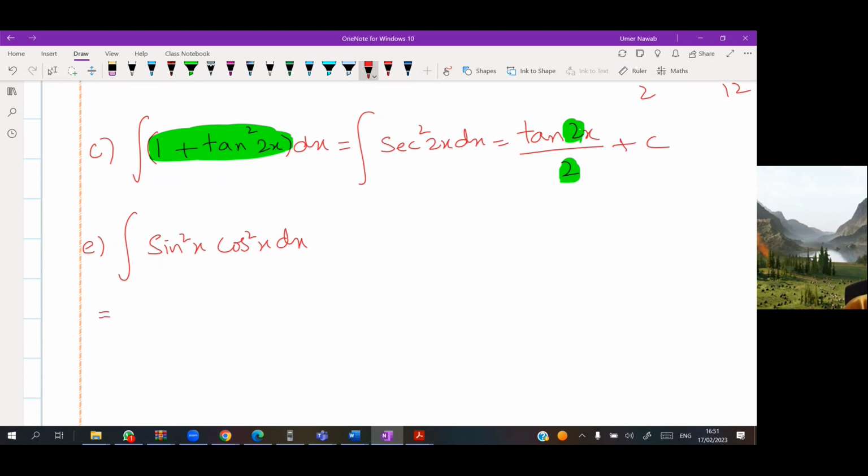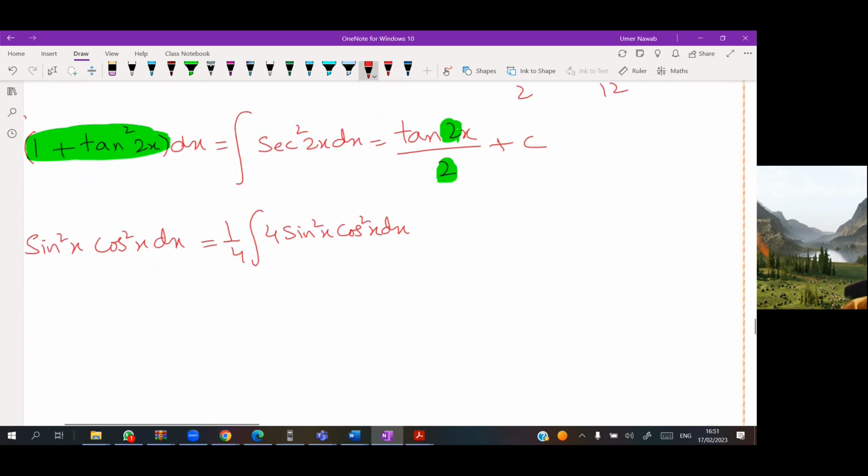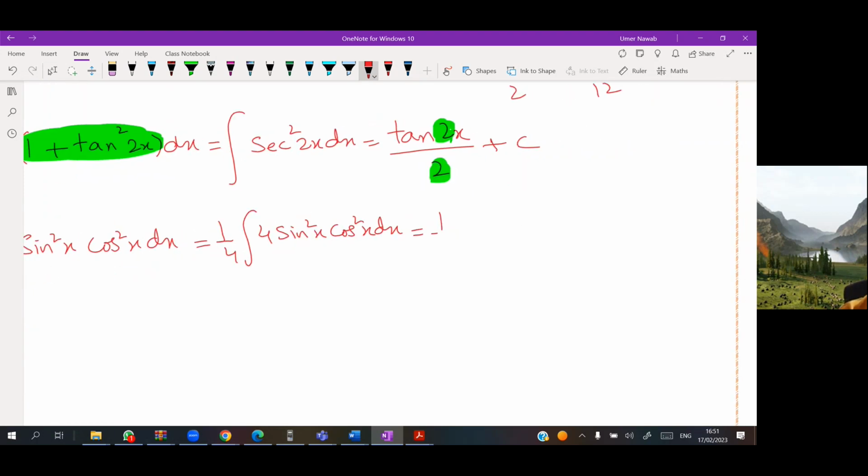So I want here 4. I'll tell you what I'm going to do. I'm going to write it here, 1/4 sine squared of x cosine squared of x. Now, can I write all of them in one square form?